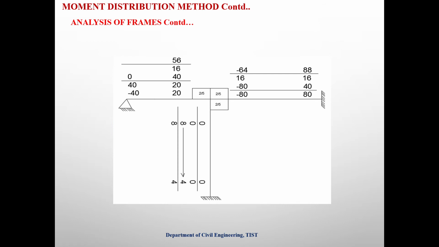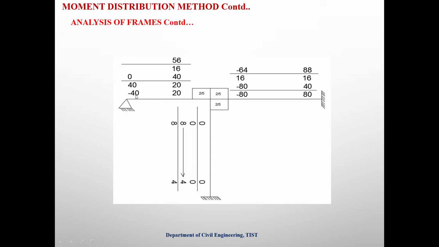After getting the fixed moments as well as the distribution factor, we have to enter all these values in the moment distribution table. Then check whether the end supports are simply supported. In this case, this support is a simply supported one. That means we have to make the moment at that particular joint equal to 0. But we are having some minus 40 kilonewton meter at this joint.